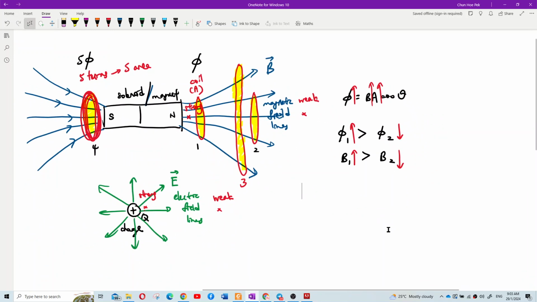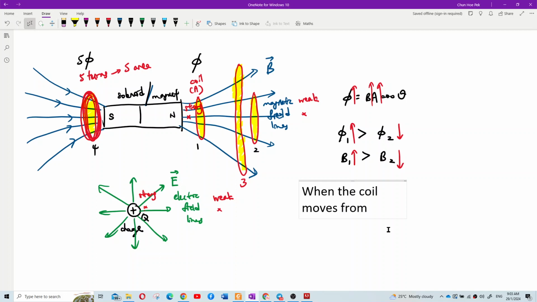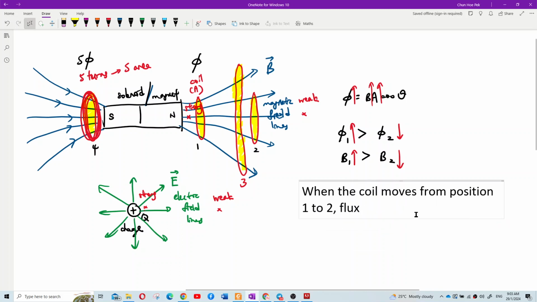So pay attention to this one. Faraday says when the coil moves from position 1 to 2, the flux, what happened, class? Does the flux increase or decrease?